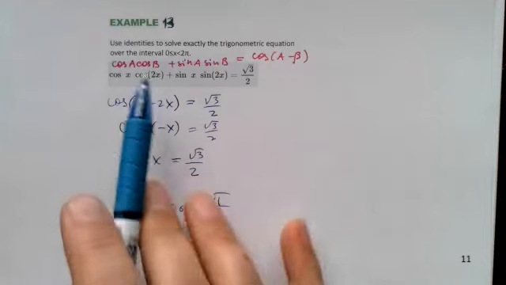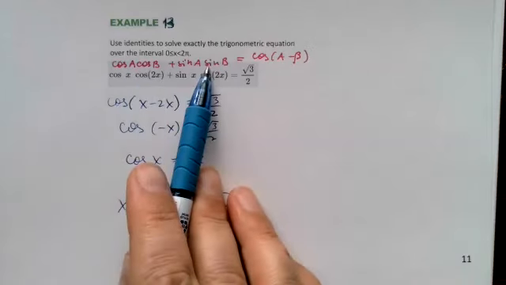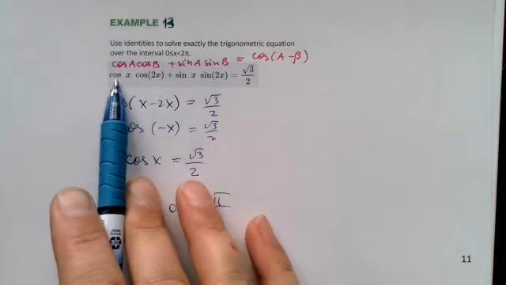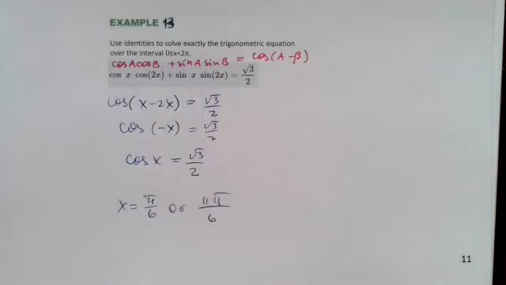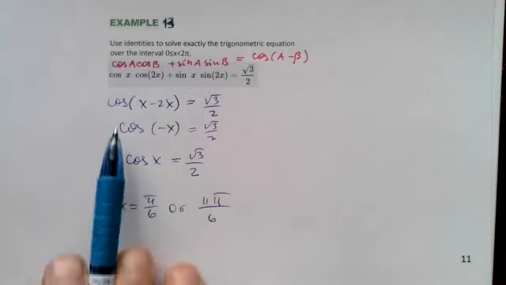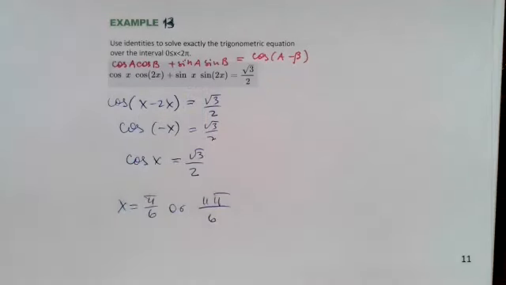We used an identity to basically fold this whole left side into just one cosine. Again, how do you know which one to use? There is no hard set rule. You just look at the equation and ask yourself, what can I do here?